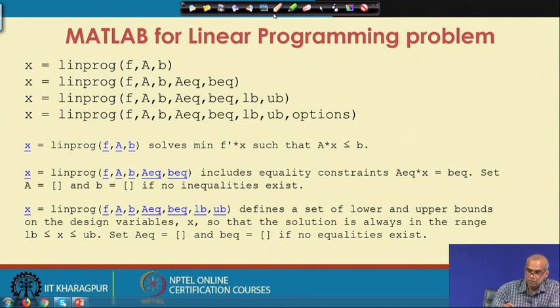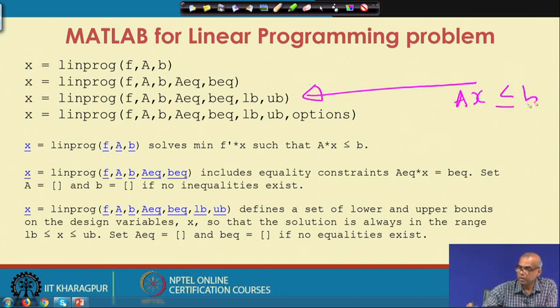Let us look at this syntax. So, you have Ax less than or equal to b type constraints, and you know x will lie between, let us say, 10 and 100. You do not have any constraints of equality type.